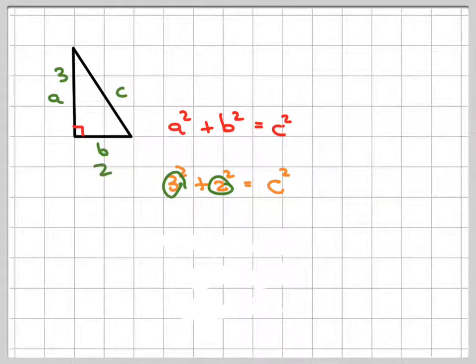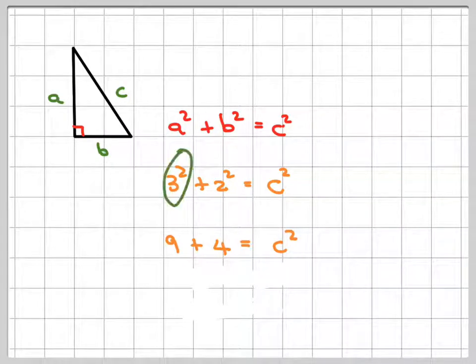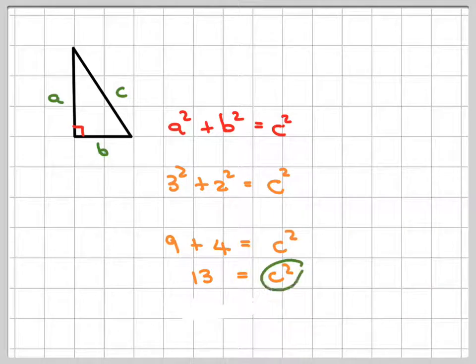Okay, so 3 squared plus 2 squared equals the hypotenuse. Right, so what does that work out to? Let's go look. So 3 squared is 9, 2 squared is 4, and they equal C squared, the hypotenuse squared. Let's continue. So 9 plus 4 is 13, equal to C squared still.